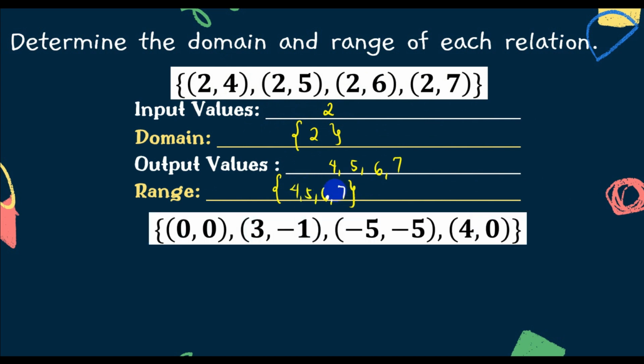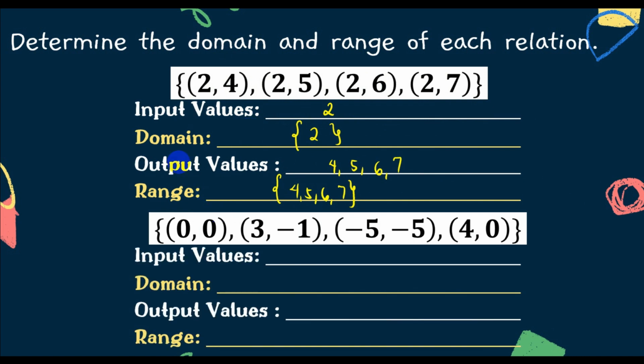Okay? Next, we have 0 and 0, 3 and negative 1, negative 5 and negative 5, 4 and 0. So input values are, what are the x values? 0, 3, negative 5, and 4. Then for the output values, we have 0, negative 1, negative 5, and again, this is 0. So we already have 0 at the start. We don't need to write it again.